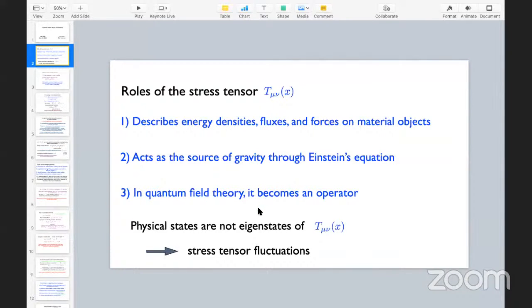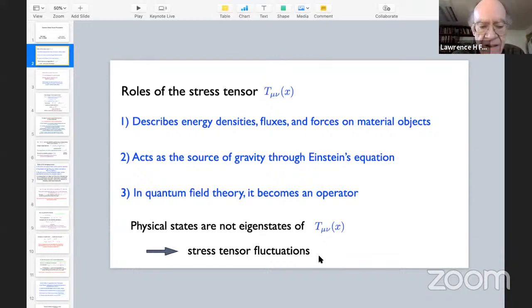And in general, the quantum states that we're interested in, so for example, on a flat background, the vacuum state, is not an eigenstate of this operator, which means there are necessarily fluctuations. If you made measurements of the energy density, you would get varying values. And that's what we want to understand a little bit more clearly in this talk.